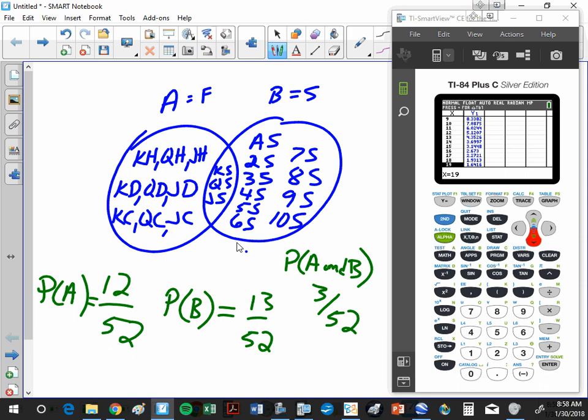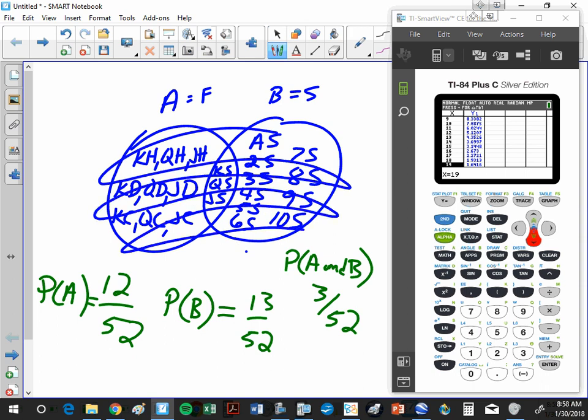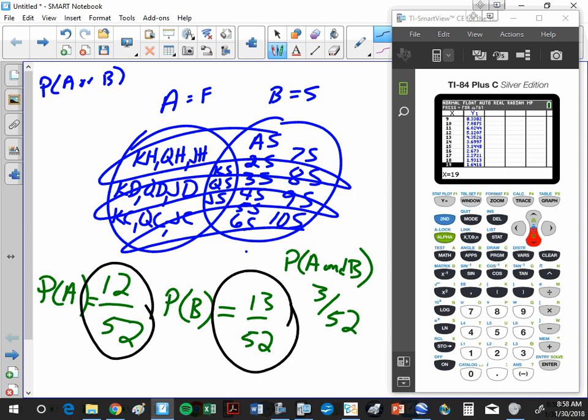Now, let's suppose that you can't see this. So without looking at the diagram, what is the probability of A or B? How are we going to find that? Well, it's going to be all of these and all of these minus the intersection.